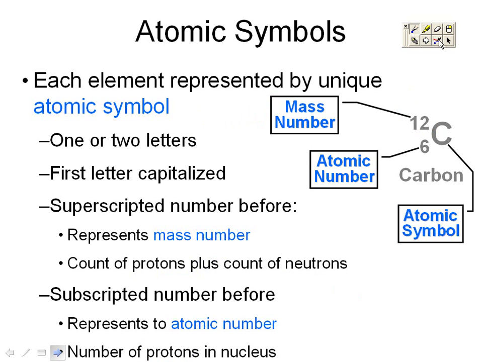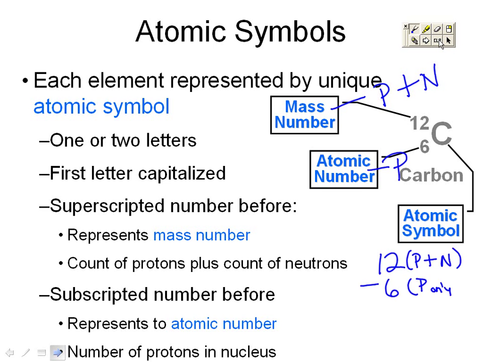Using this, we can easily and mathematically figure out the number of neutrons. If mass number is protons plus neutrons, and atomic number is only protons, then math will simply tell me the difference. Protons plus neutrons, this is protons only. Therefore, in this example, I have 6 neutrons.